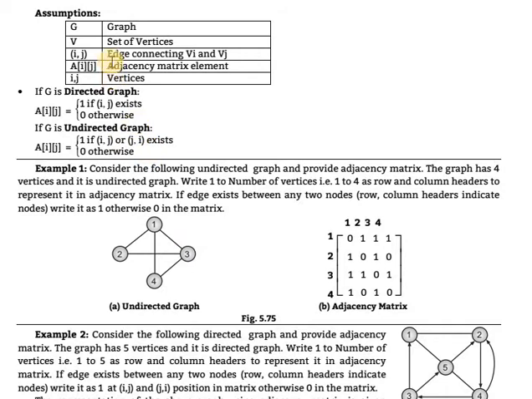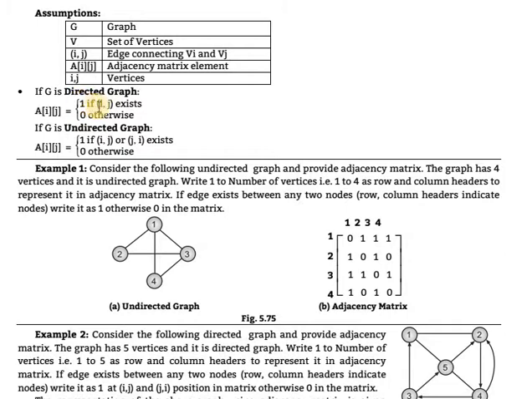Assumptions: for example, G is the graph, V is the set of vertices, and I and J are the vertices connected by an edge, Vi and Vj. A of I, J is the adjacency matrix element. If G is a directed graph, then A of I, J is 1 or 0.